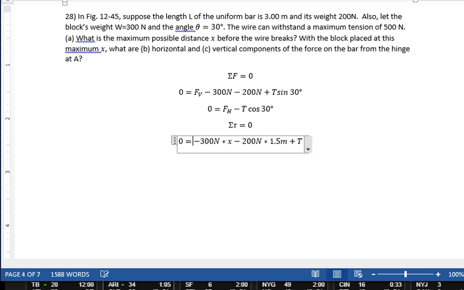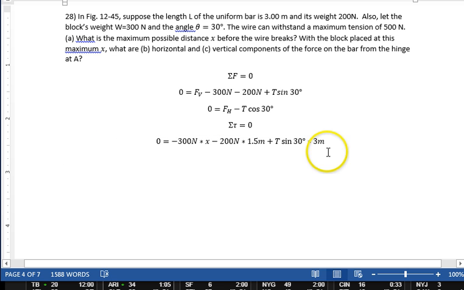0 equals all of this, and the last term is the torque due to the wire, and that is times the whole 3 meters. Now, fortunately, out of this, the only thing that's left is the tension.